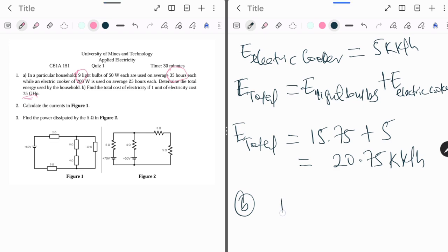So we are given 1 unit of electricity is going to cost 75 Ghana pesos.